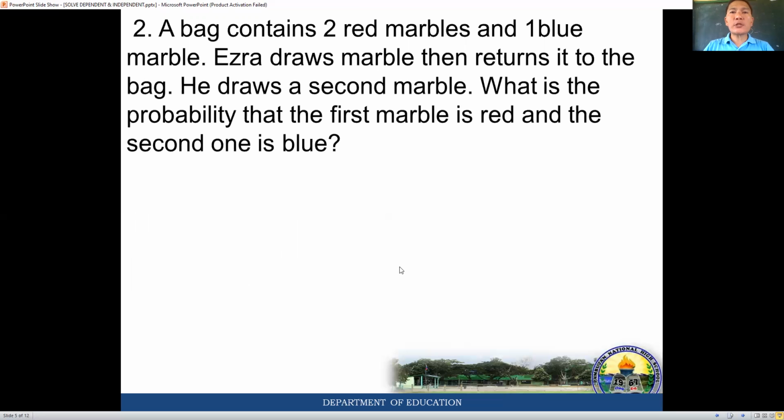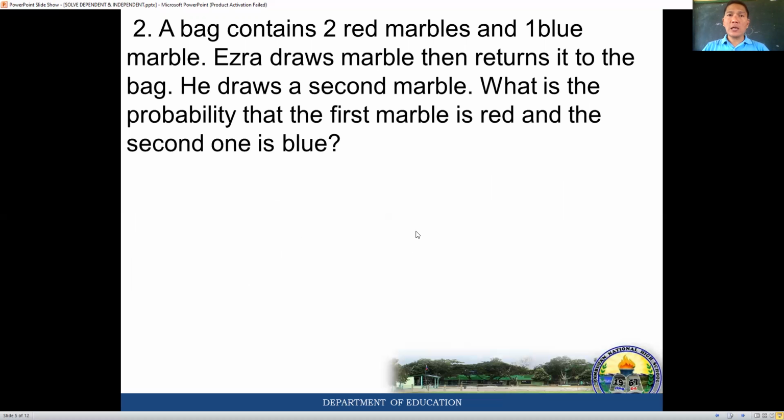Another example. A bag contains 2 red marbles and 1 blue marble. Ezra draws a marble, then returns it to the bag. He draws a second marble. What is the probability that the first marble is red and the second one is blue? Okay, so how many marbles are there in all?